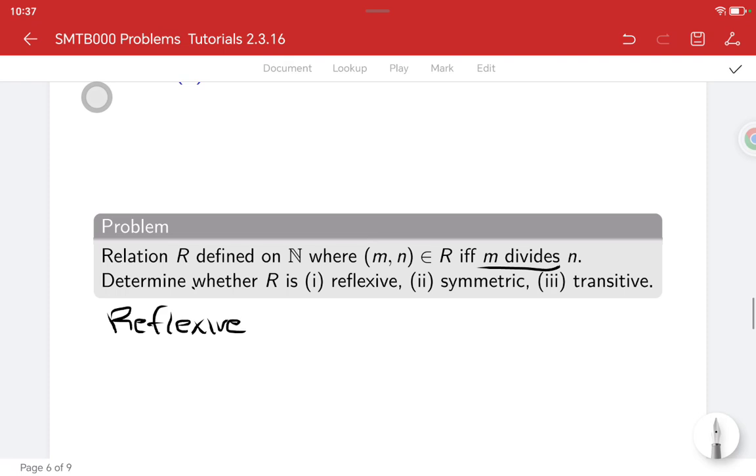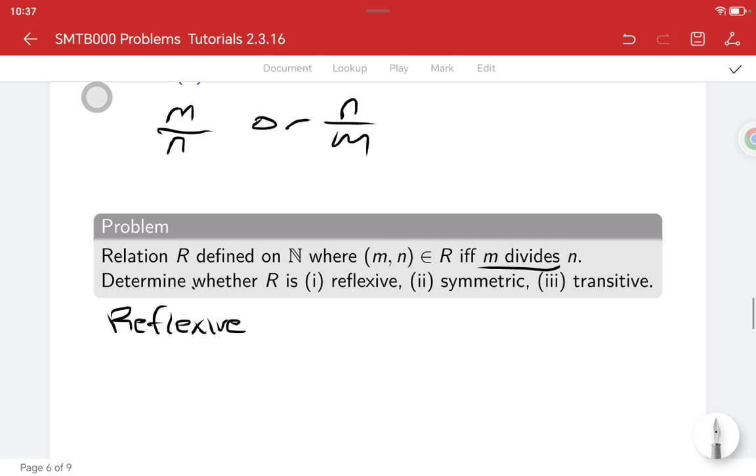No, I don't. So it's either this or this. Which one do you think is correct? M divides N. The first one. Yeah. Why do you think that one is the correct one? Because the statement says if and only if m divides n.